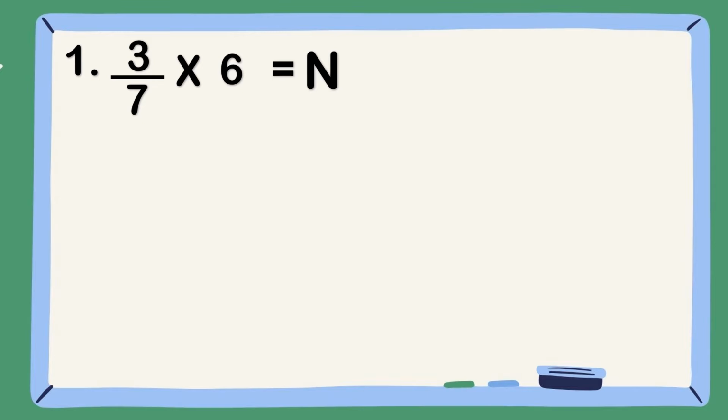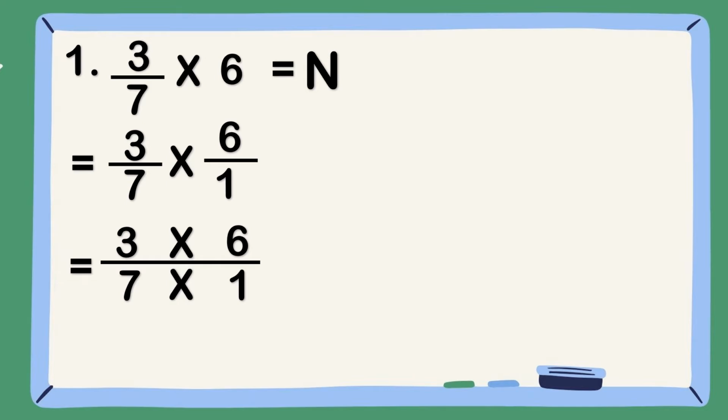So we can write 6 as an improper fraction by writing 1 as the denominator. 3/7 times 6 over 1. After that, we are going to multiply the numerators and the denominator. 3 times 6 is equal to 18. And 7 times 1 is equal to 7.